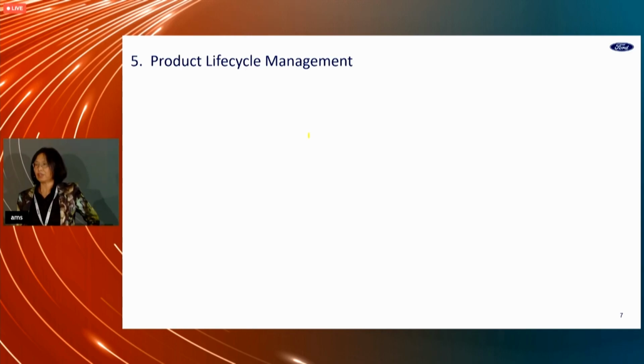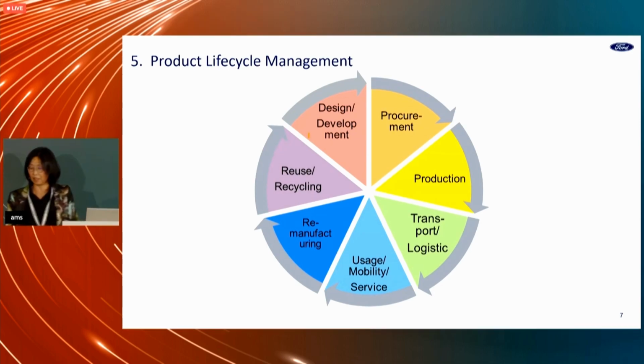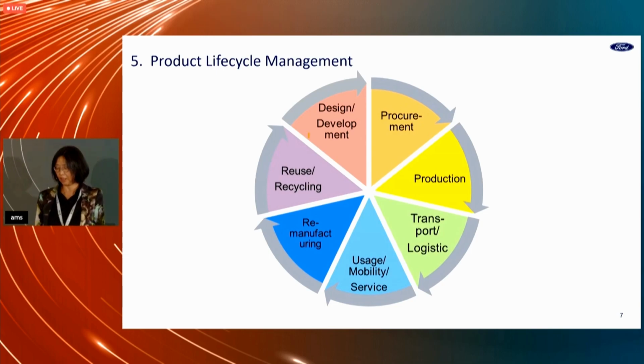If we talk about product lifecycle management, we start in the design phase. We design, then come to procurement of the materials, and we produce our cars, which are transported to the user, and the customer uses the vehicle.